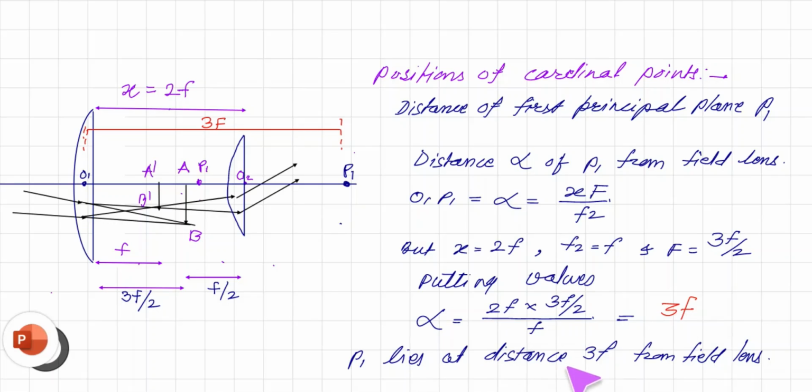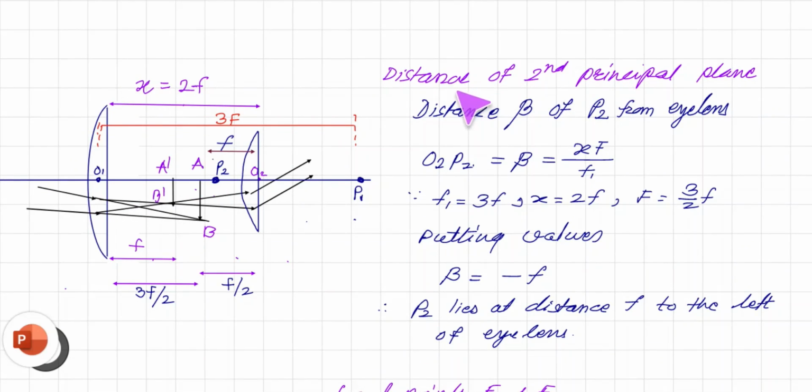So P1 lies at a distance 3f from the field lens. So now we can observe that the O1 P1 distance is 3f, that is alpha.